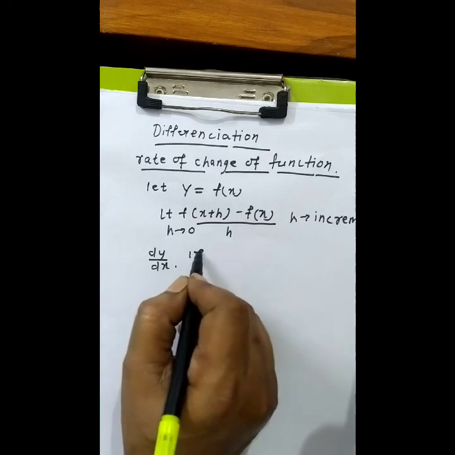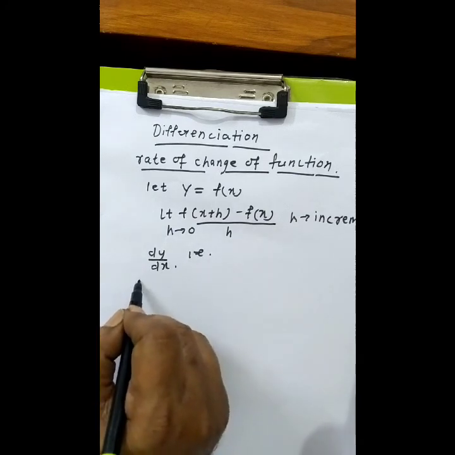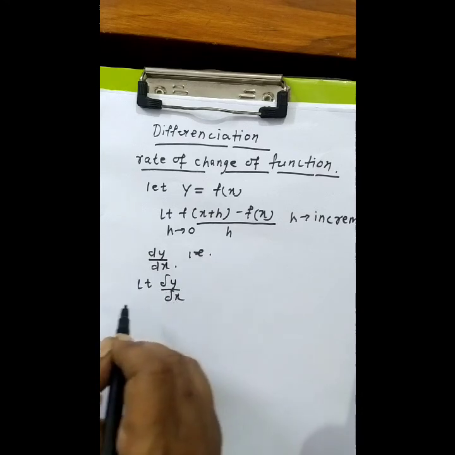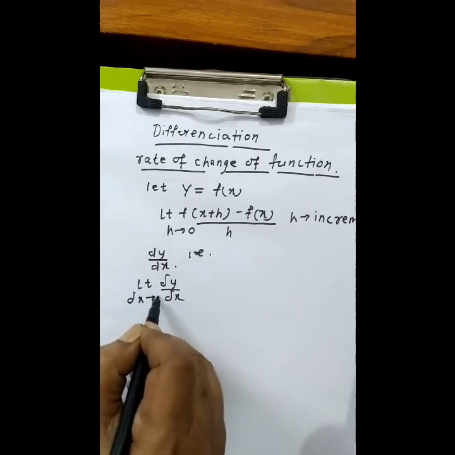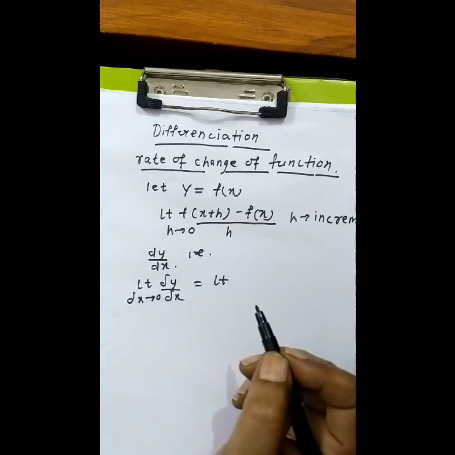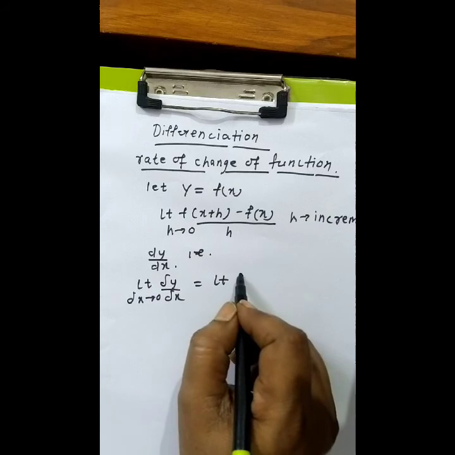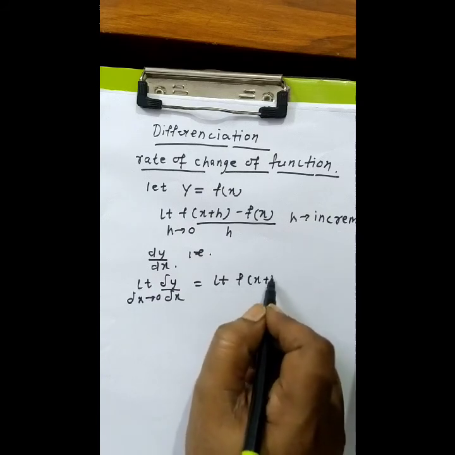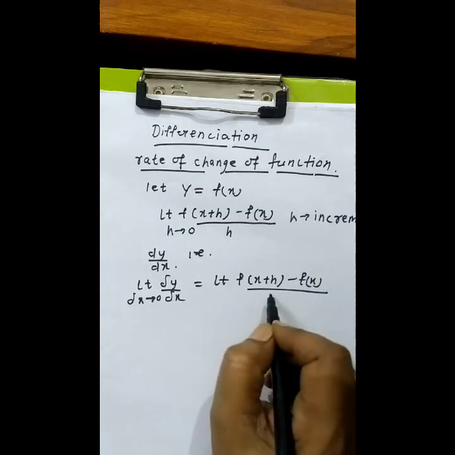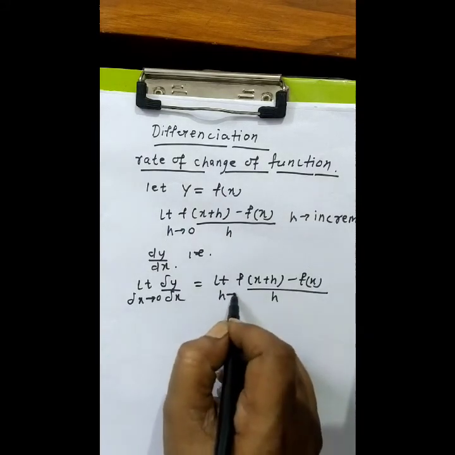That is, limit of delta y by delta x as delta x tends to 0 equals limit of f of x plus h minus f of x divided by h as h tends to 0.